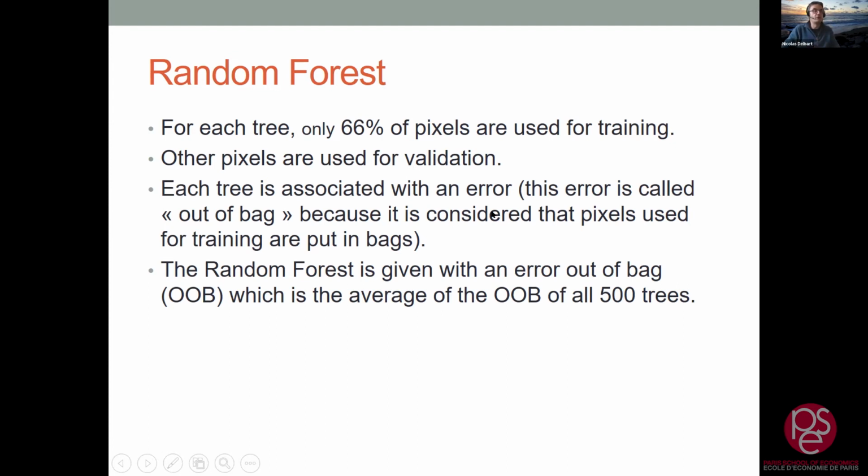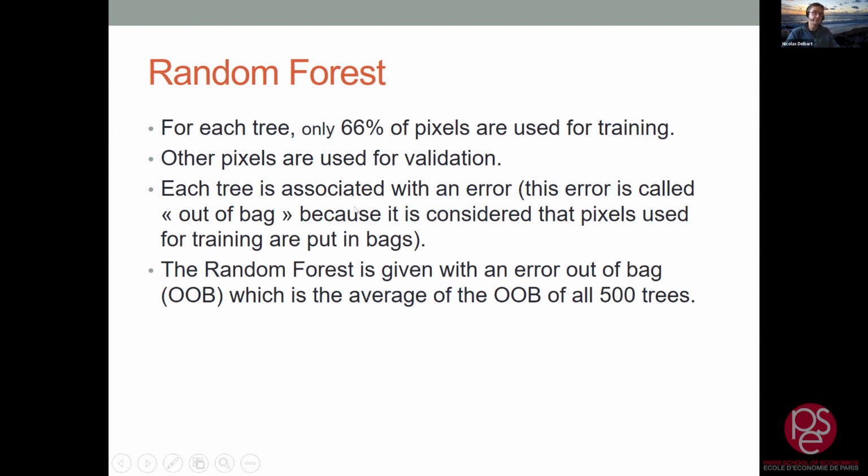Each of the trees is associated with an error, which is a bit strangely called out-of-bag error, because it is considered that the 66% pixels are put in a bag. So the 33% pixels are not in the bag, so they're out of the bag. So for each tree, we have an out-of-bag error that is calculated.